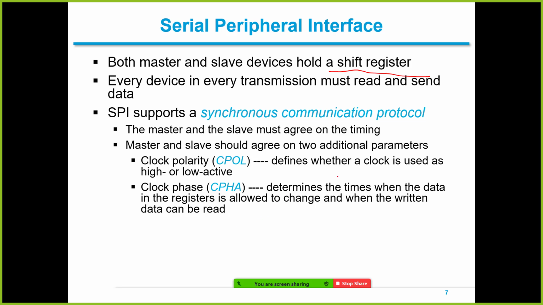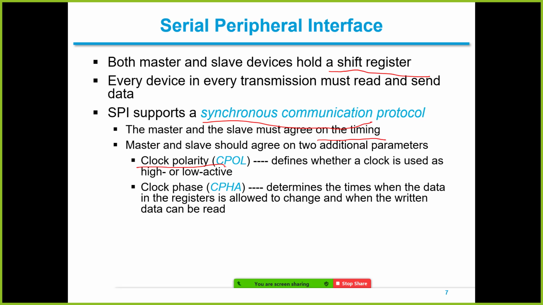So SPI supports synchronous communication. Both master and slaves must agree on timing, so we use that serial clock signal to ensure this. They should also agree on some other parameters during the communication. The first one is the clock polarity.